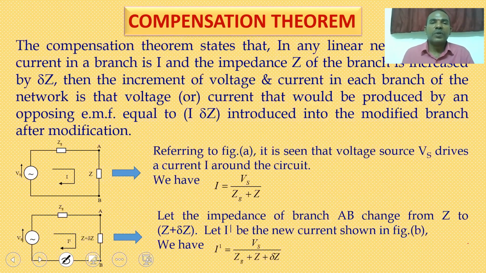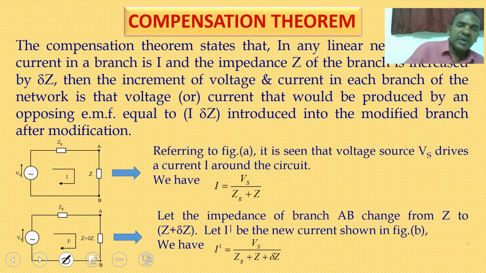Now come to the compensation theorem. The statement of the compensation theorem is: in any linear active bilateral network, the branch current and branch impedance are flowing in a circuit. Suddenly there is a change in the increment of impedance or increment of branch.